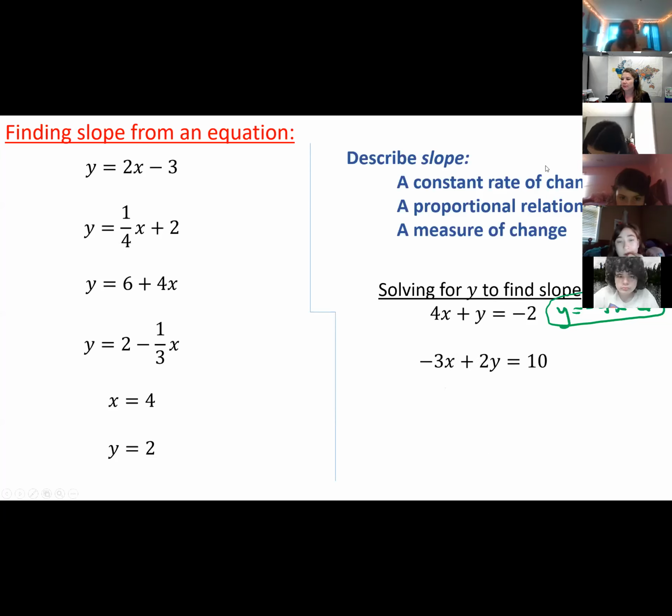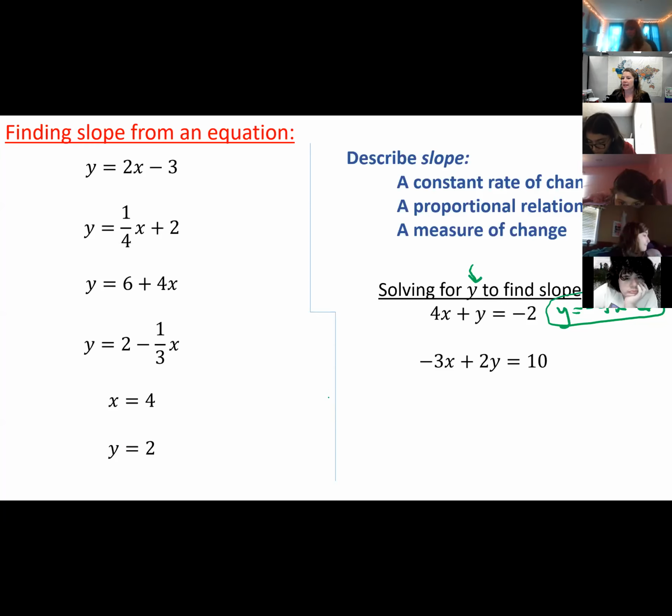Okay, let's try another one. If you don't have these notes printed, please write this down. Okay. All right, so once again, we want y by itself. The first thing we have to get rid of is minus 3x. How do you get rid of any negative term? How do I get rid of a negative term, guys?